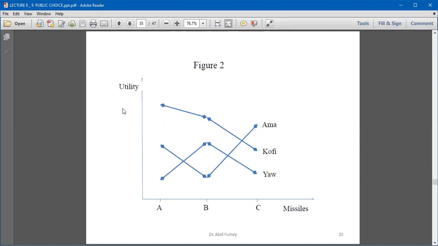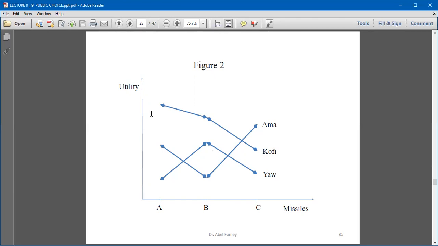This is how we draw the diagram. We have the utility on the vertical. The utility is just talking about if the person prefers A to B, it means that option A gives the person a higher utility than B. And then this is for the options on the table. Now, if you take Kofi, we are looking at the second table.